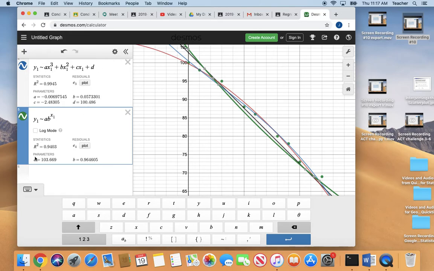When you go to make your predictions, you would use the model that is the best fit and plug in your x value to figure out the y value.